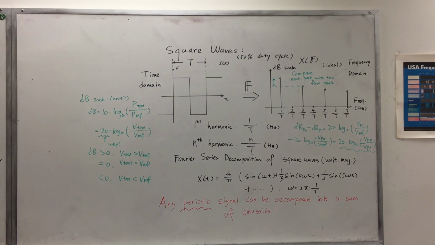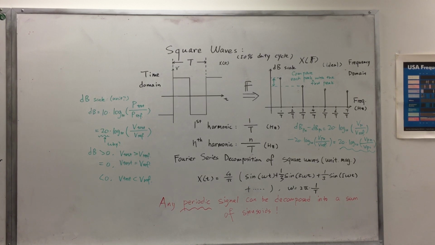The way we're doing it is in dB scale: we subtract the value of the first peak from the value of each subsequent peak to get the experimental measurements that we fill in the chart after the experiment.